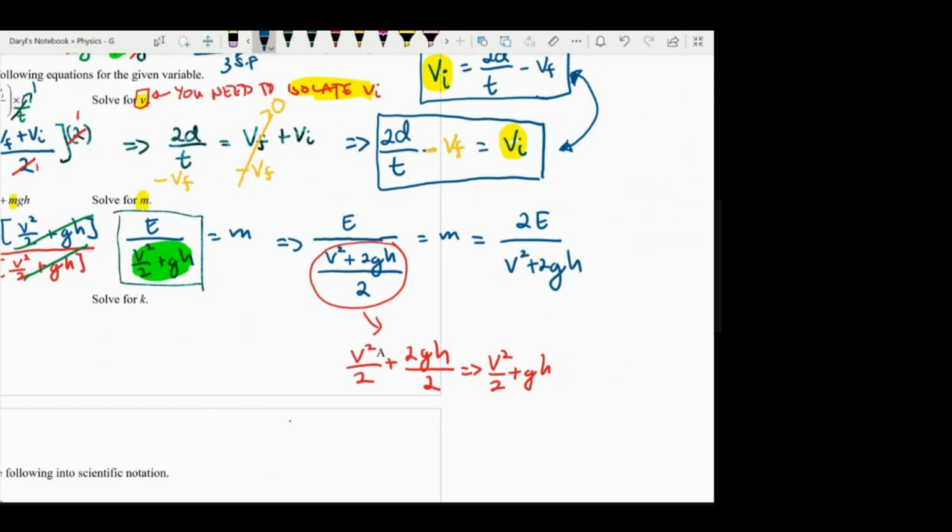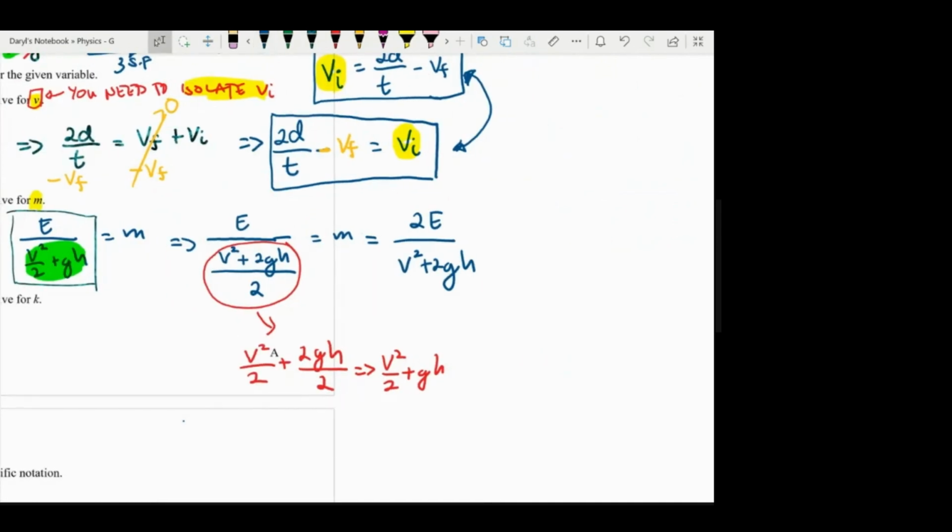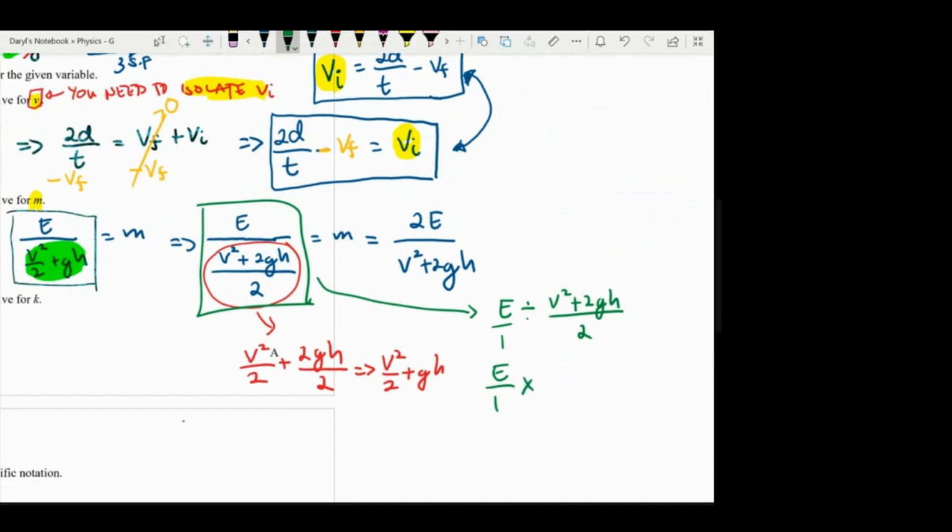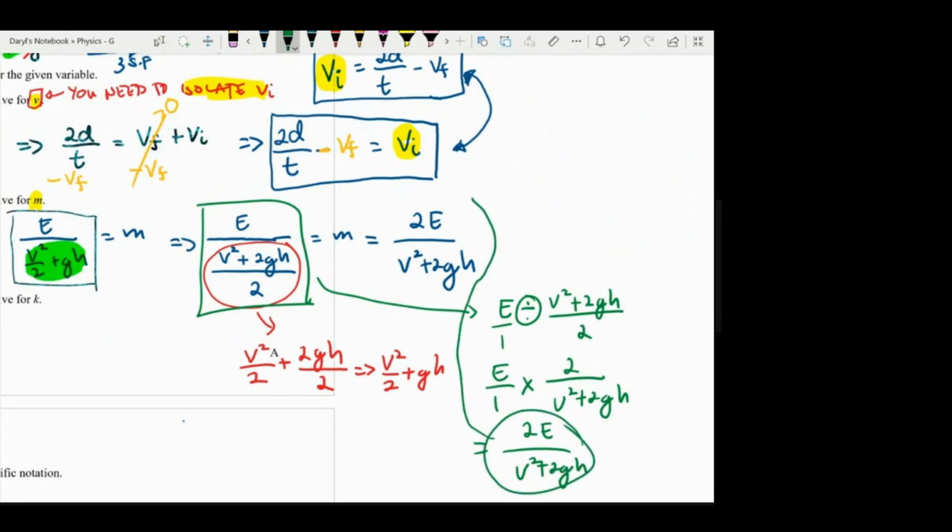If you're wondering how I got from here to here, this is just the same thing as e divided by a fraction, v squared plus 2gh over 2. And if you're dividing by a fraction, this is just the same thing as e over 1 multiplied by the reciprocal of this. The reciprocal of v squared plus 2gh over 2 is 2 over v squared plus 2gh. If you do that, that leaves you 2e over v squared plus 2gh. So that leads you to this one here.